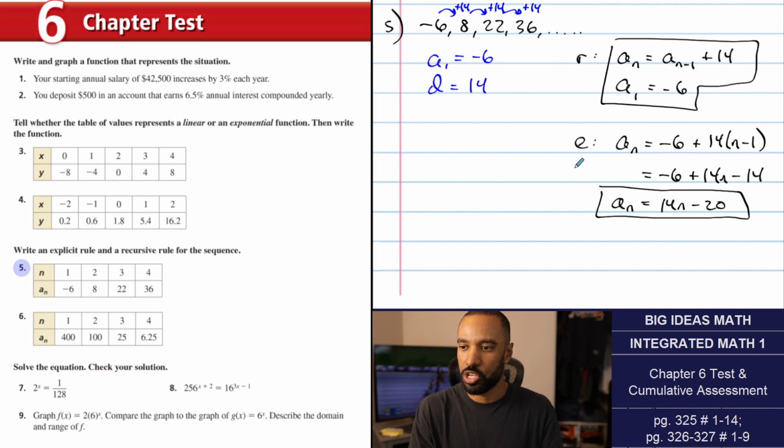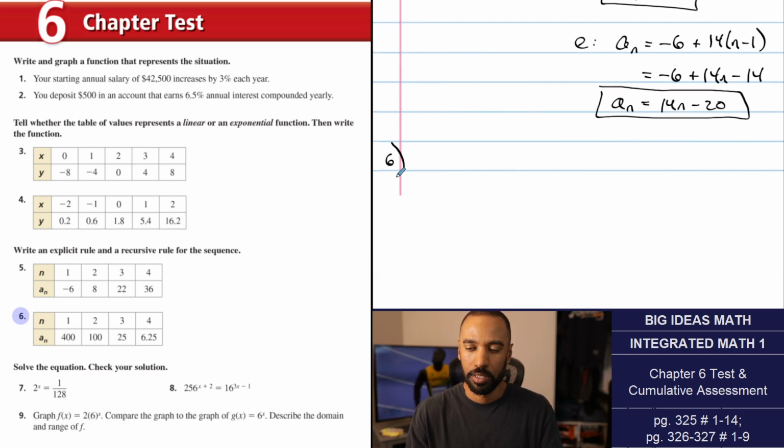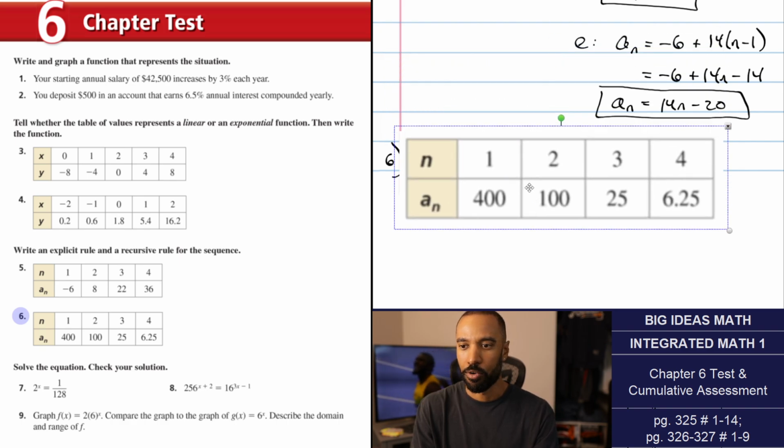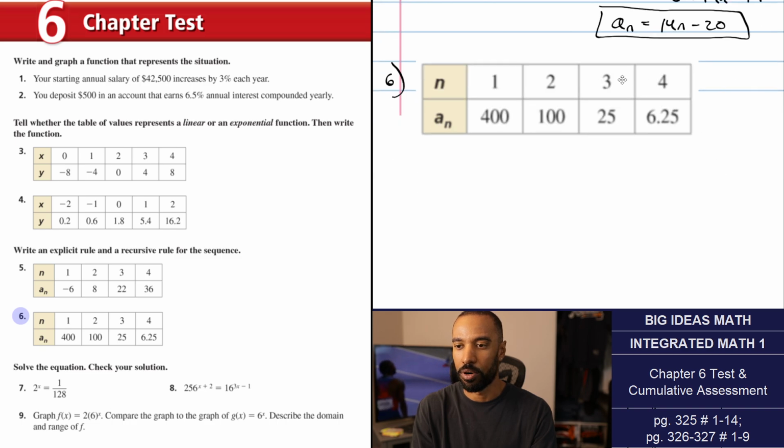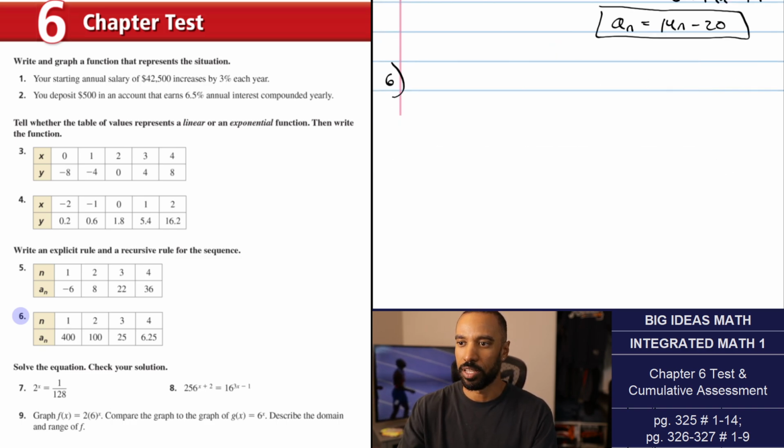So there are two for an arithmetic sequence. I'm expecting a geometric sequence next to number 6, and it looks so. On number 6, this geometric sequence is unique in that there's decay. The numbers are shrinking as we go along, but that doesn't mean division to us. It just means multiplication by a fraction, right? And in this case, 400 to 100, that's dividing by 4 or multiplying by 1/4. Oh, I wasn't copying and pasting. I was writing a list.